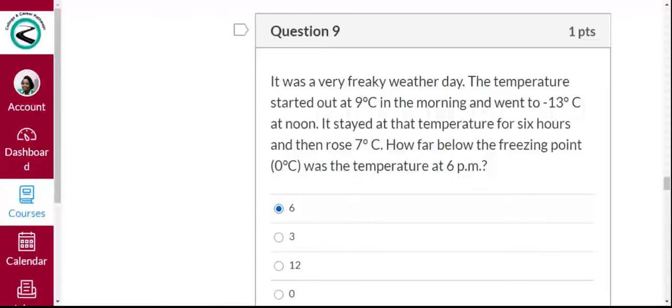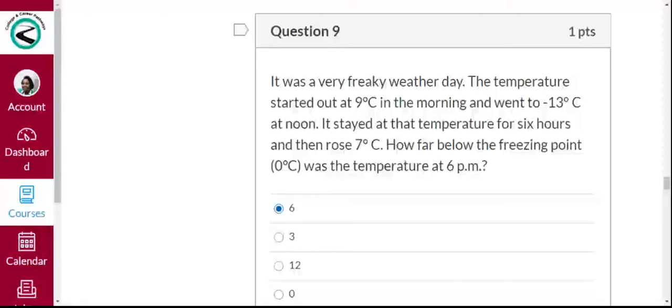The temperature started out at 9 degrees Celsius in the morning and went into a -13 degrees Celsius at noon. It stayed at that temperature for 6 hours and rose 7 degrees. How far below the freezing point, which is 0 degrees Celsius, was the temperature at 6 p.m.?